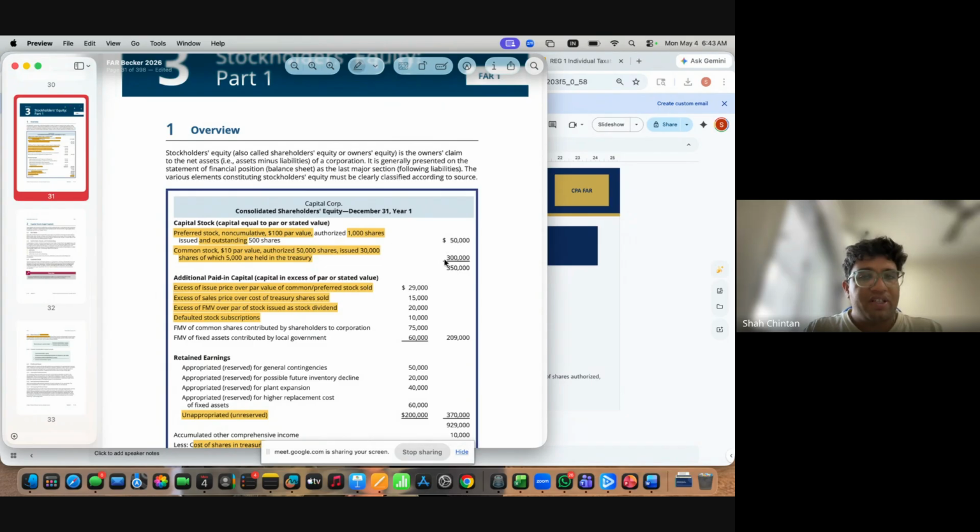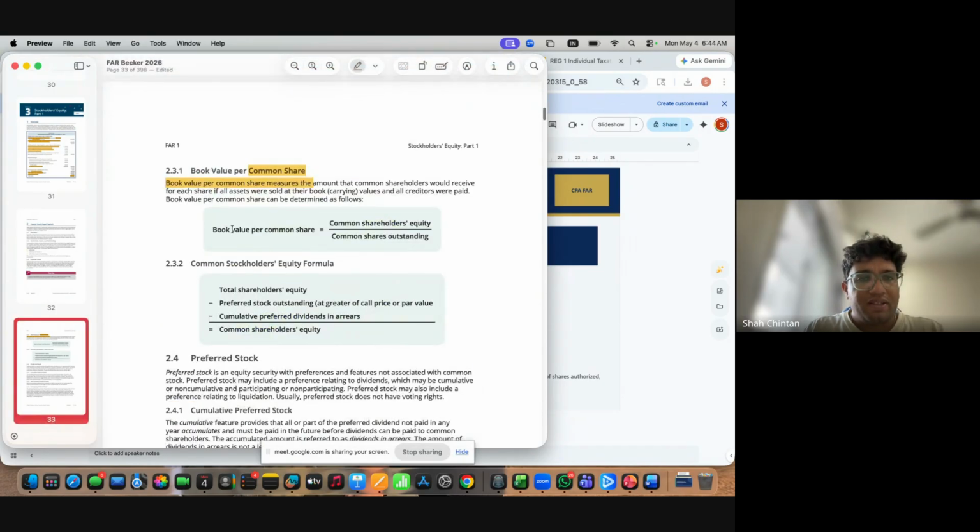So common shareholders' equity is $300,000 divided by number of common stock, which is 30,000 minus 5,000, so 25,000. So 3 lakh divided by 25,000, it comes to 8. So $8 is the equity or book value per share for the common shareholders. Again, the formula says book value per common share is equal to the total common shareholders' equity divided by the number of common shares which are outstanding.